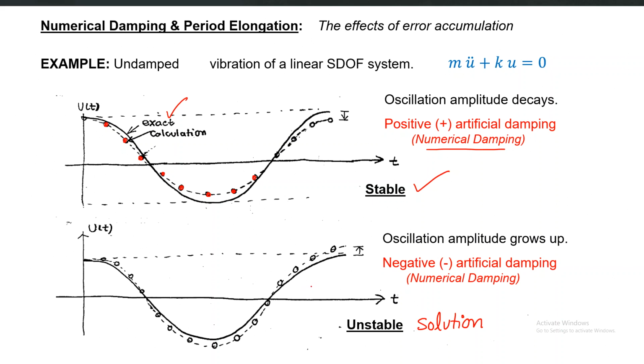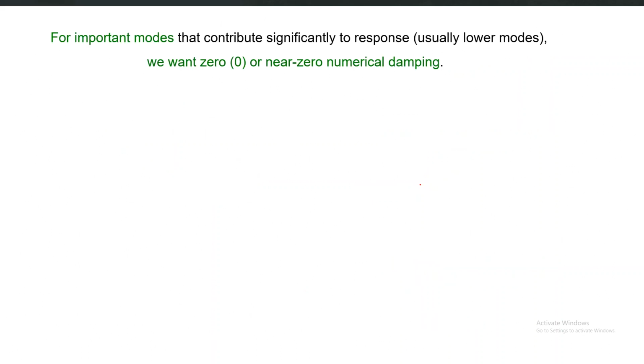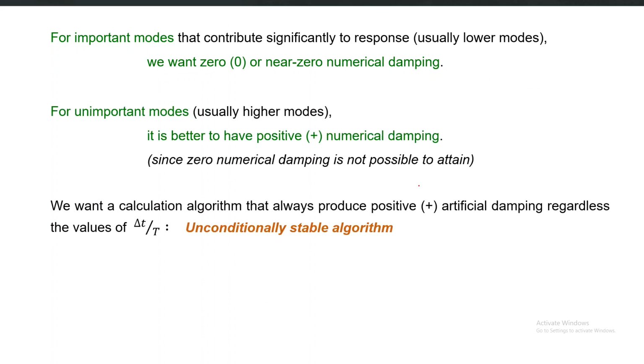So we always want our accumulation of error to be such that we result in a stable solution, or a positive artificial damping, not negative artificial damping. So our desirable scenario is that for important modes that may contribute significantly to the response, for example the first few modes or lower modes, we want either zero numerical damping, or if our method has some numerical damping or accumulation of error, that should be positive.